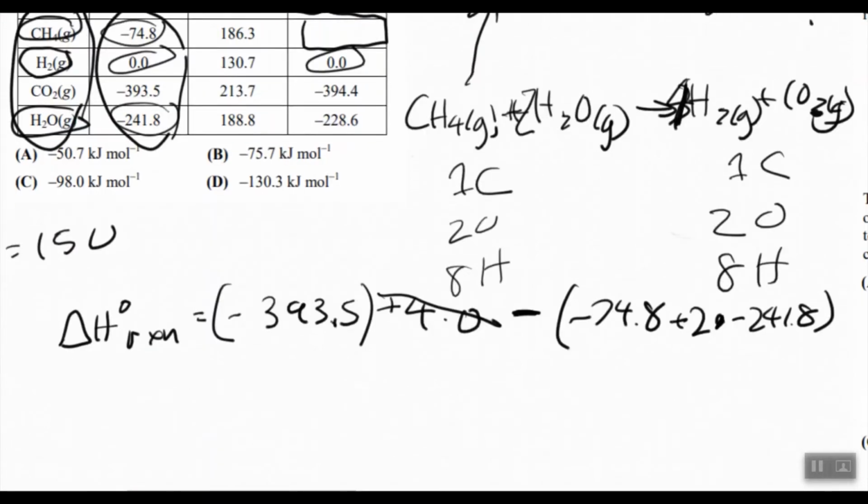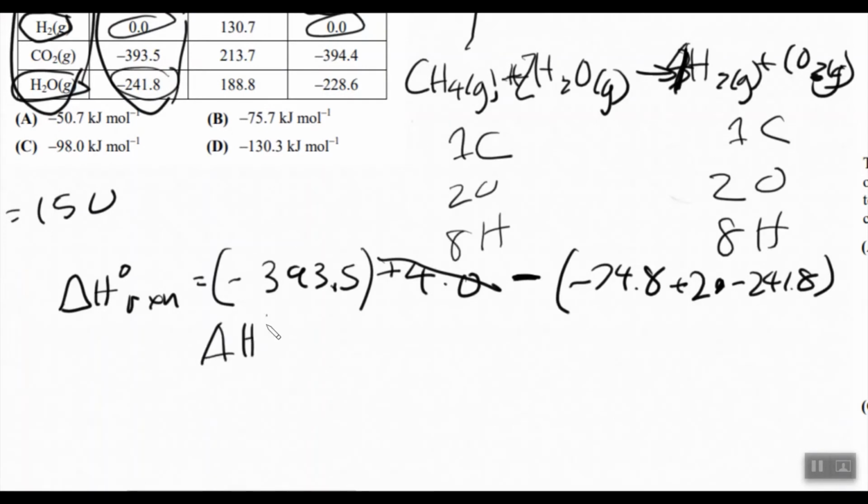And what do you know? We got the delta H from that. We just have to type in our calculators: negative 393.5 minus negative 74.8 plus 2 times negative 241.8. And this gives us a delta H naught of 164.9 kilojoules per mole of reaction.